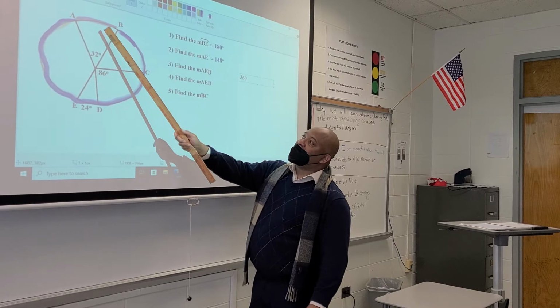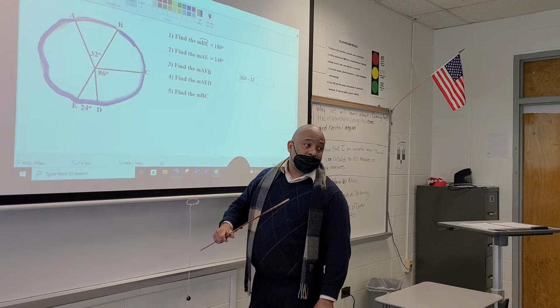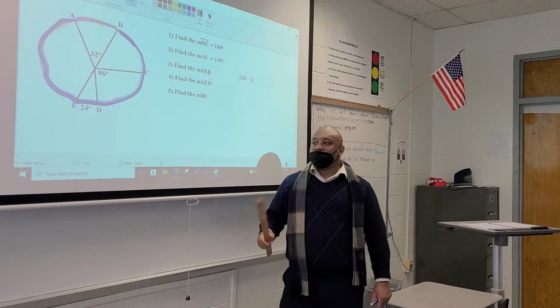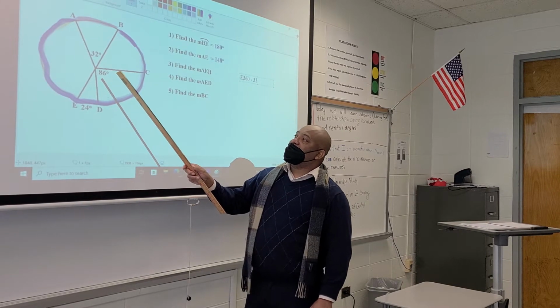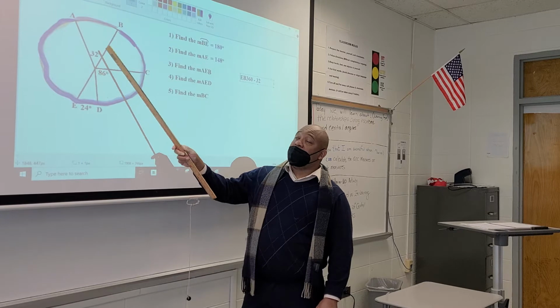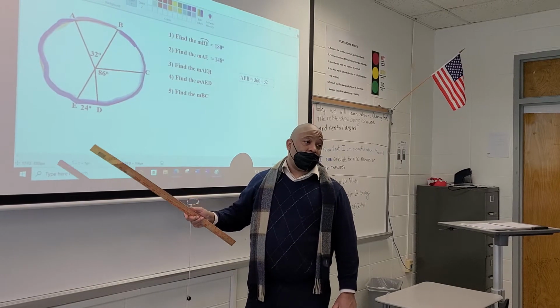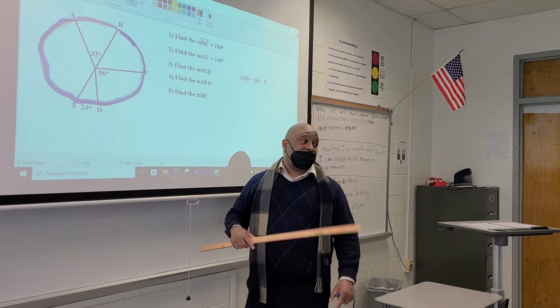Now, how do we know that the arc is equal to 32? It gave you the angle. That's a point you need to remember. We talked about this yesterday: all central angles and arcs are equal. Remember that, because what we're about to go over next will tell you something a little different about different angles inside of a circle.